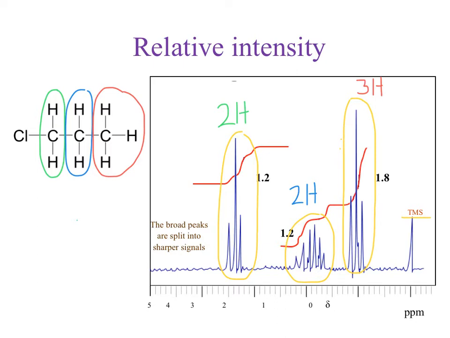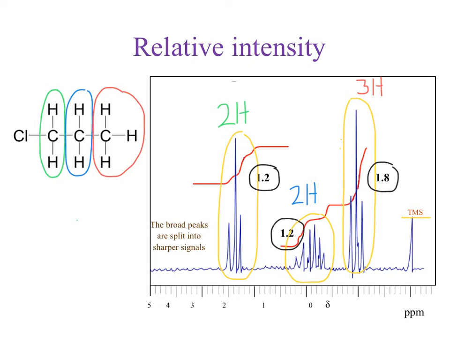Now what we didn't say last lesson is that the area under the peak tells us how many hydrogens are responsible for that peak. You will notice that we have red squiggly lines, and 3 numbers that I'm circling now in black.